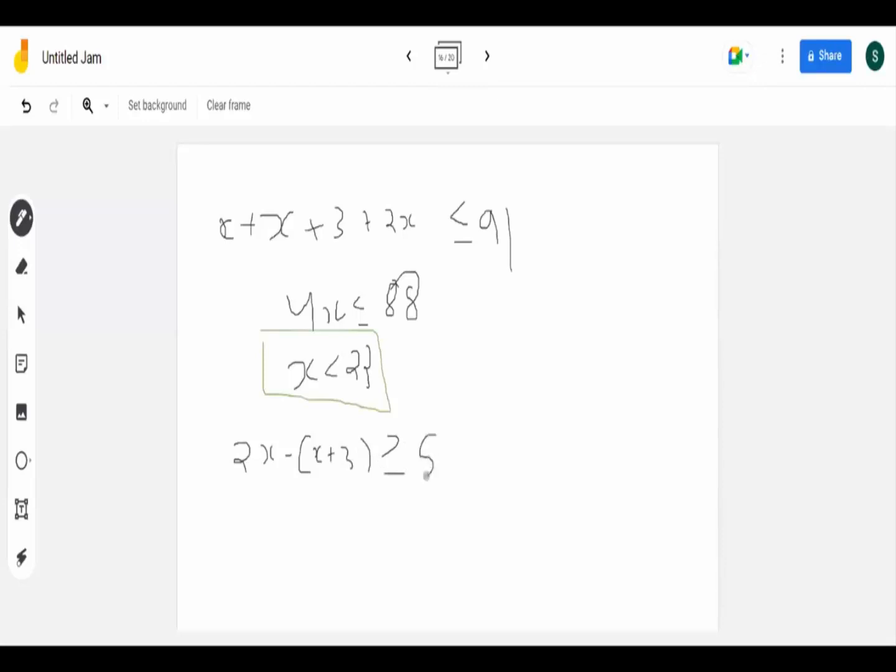So if you solve this, you get x minus 3 is greater than or equal to 5, or x is greater than or equal to 8. So you can see now we get our answer as 8, including 8, and up to 22.